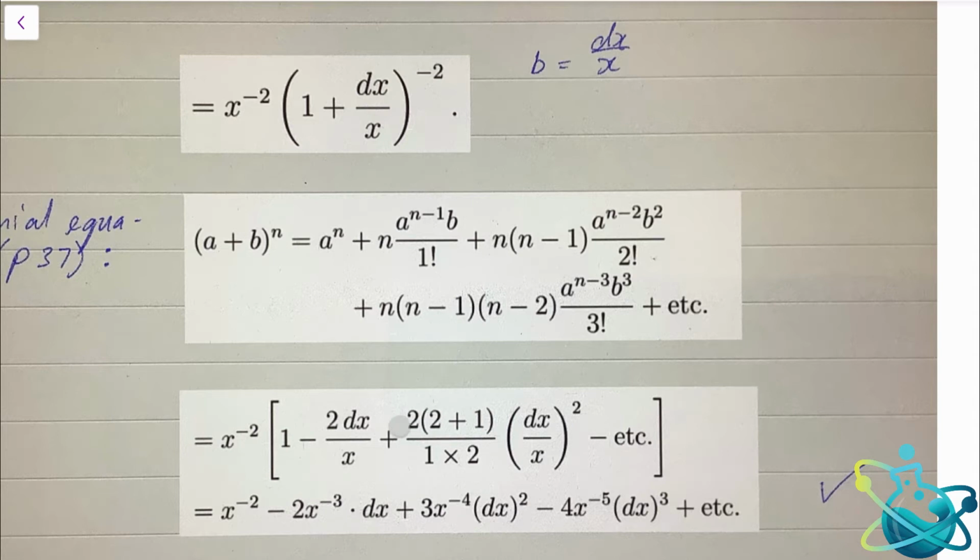A minus times a minus is always a plus, and that's why you have a plus here. You follow? Then it's 2 there, coming from here, and 2 plus 1, and 2 factorial is simply 1 times 2, or 2 times 1, same thing. And then you've got b squared, which is dx over x squared. Then minus again, a plus and a minus, and so on.